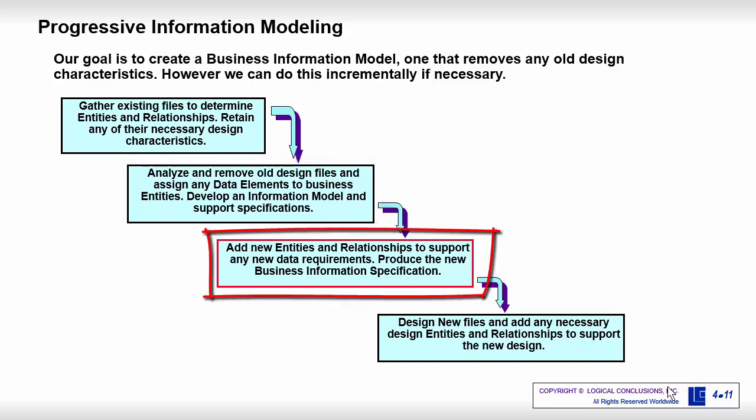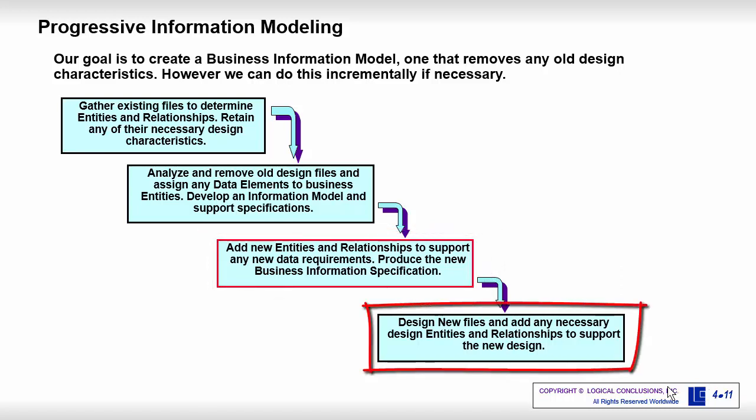We can then use the result of the last step to elicit new entities and relationships to support any new data requirements not supported in the existing files, and produce the new Business Information Specification. I've shown this outlined in red to indicate that this step produces the ultimate deliverable from this analysis tutorial.